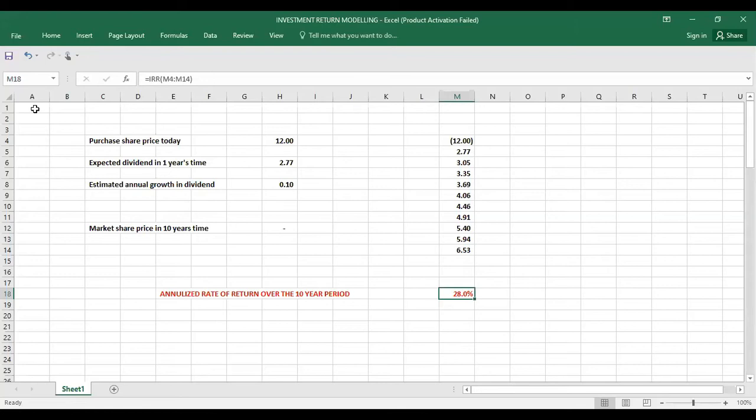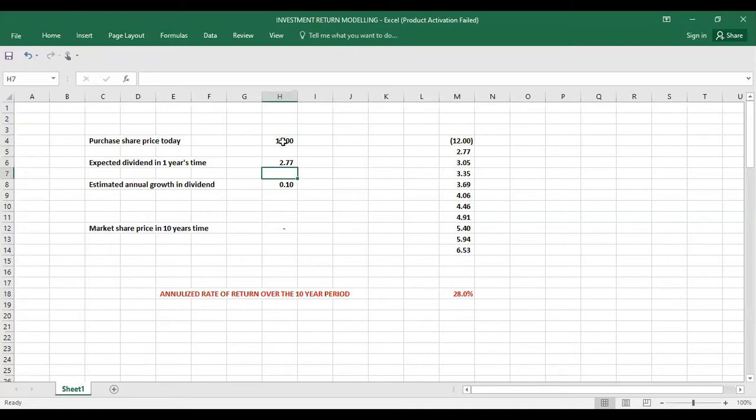So this is the first thing I would like to put out there. Because like I said, the concern of most people is, what if I purchase and share prices fall?